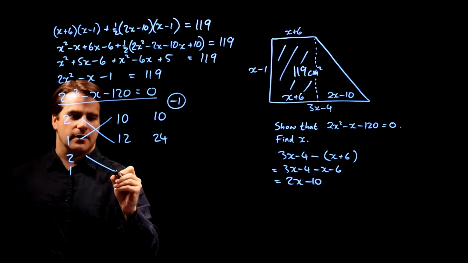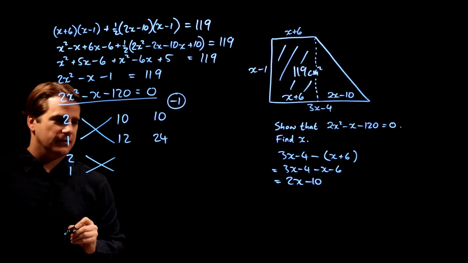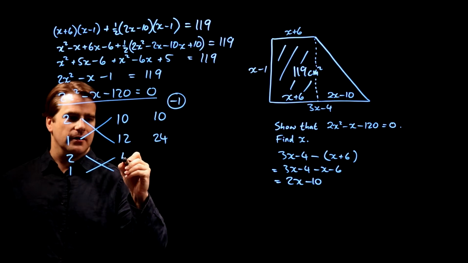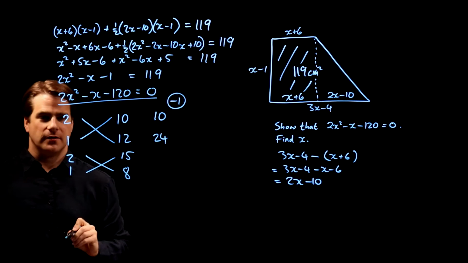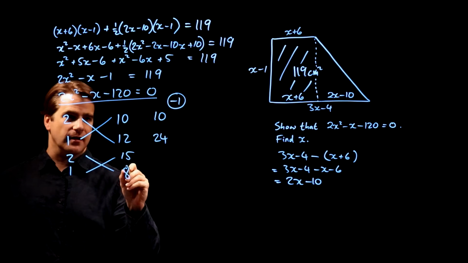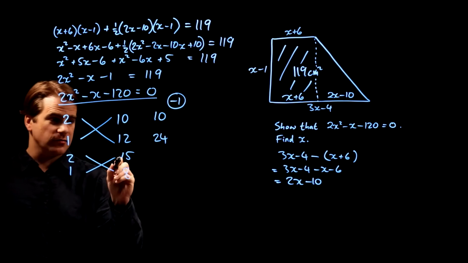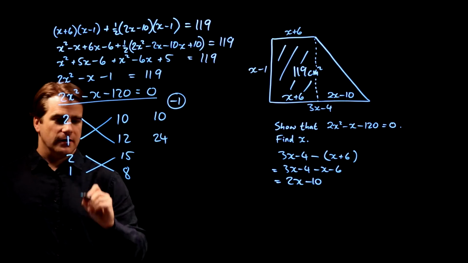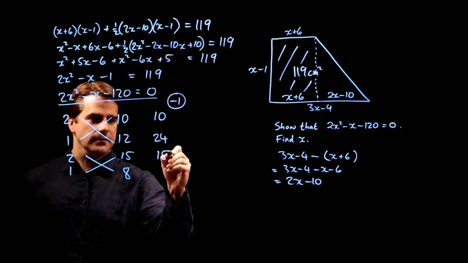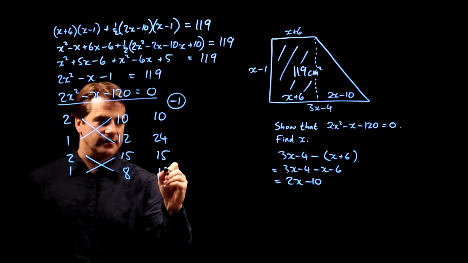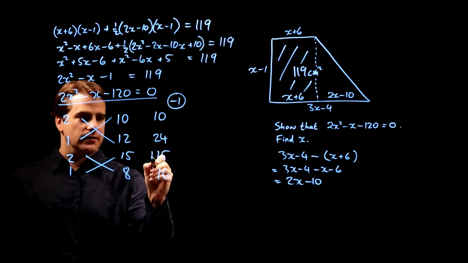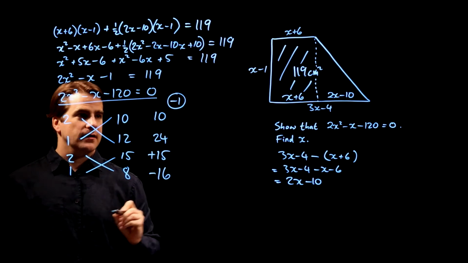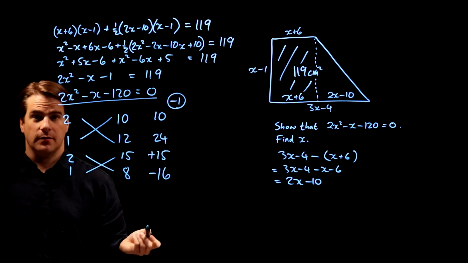So, in actual fact, the answer is 15 and 8, because 8 is roughly half of 15. The 8 is going to get multiplied by 2. And 15 times 8 is 120. So you do 1 times 15 is 15. And 2 times 8 is 16. If you do plus 15 minus 16, that does indeed get you the -1.